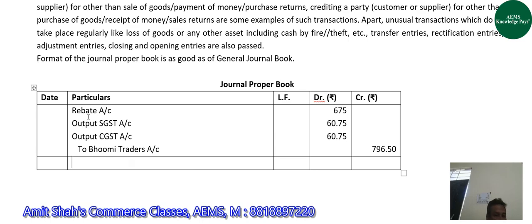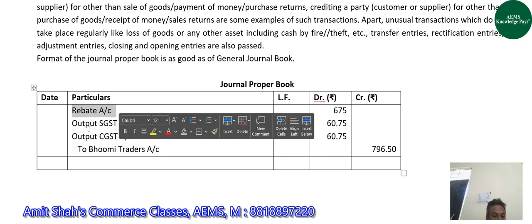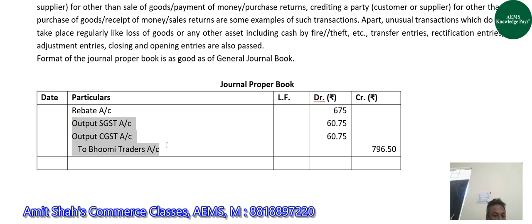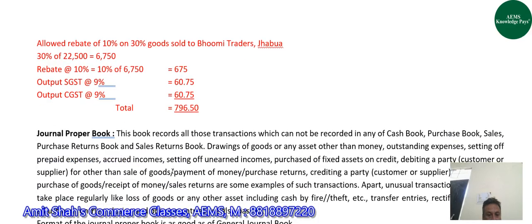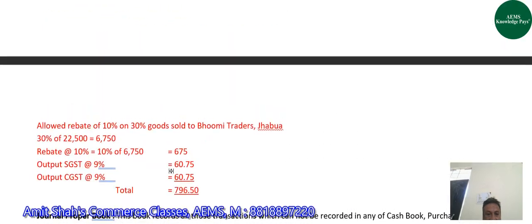Then what we have done here is journalizing. So after journalizing, we need to post it. So we need to post it to rebate account, output SGST, output CGST, and Bhumi Traders account. So on the credit side of Bhumi Traders account, we will write by rebate, by output SGST, and by output CGST. Right? With how much? 675, 60.75 and 60.75.